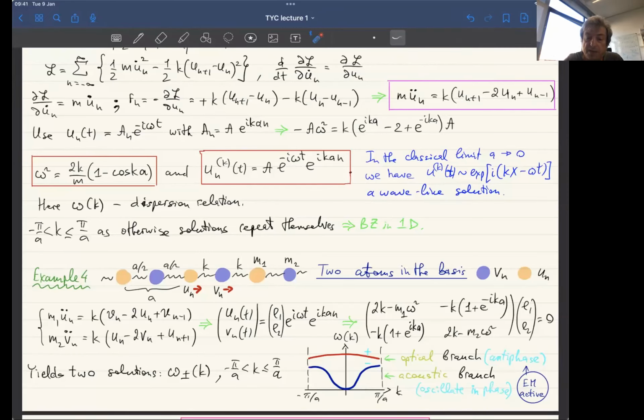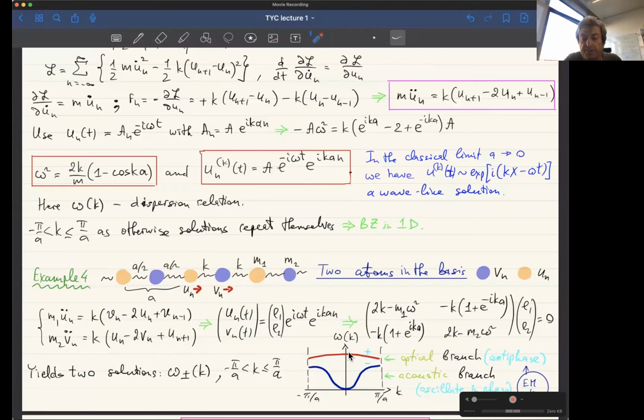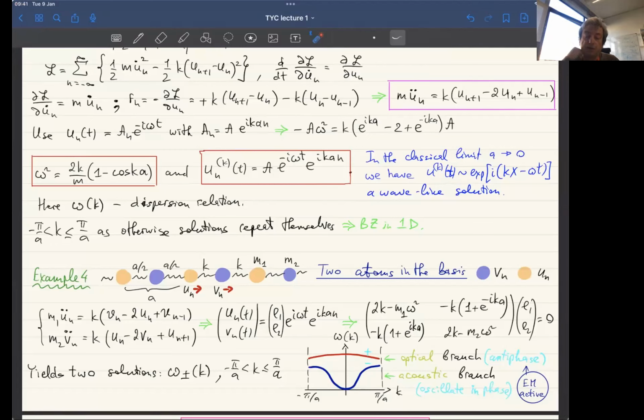This corresponds to acoustic waves. When k is very small, the wavelength of the vibrations is very large, which means that atoms in the vicinity of each other oscillate in concert together, right? But for the other mode, one can show that the eigenvectors are such that in the vicinity of k equals 0, atoms vibrate in opposite directions, not in concert with each other.